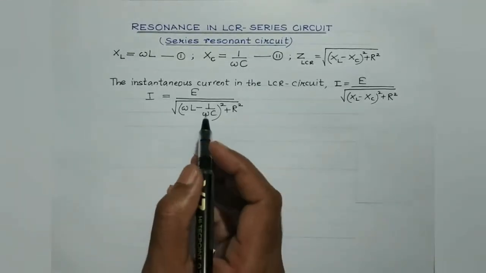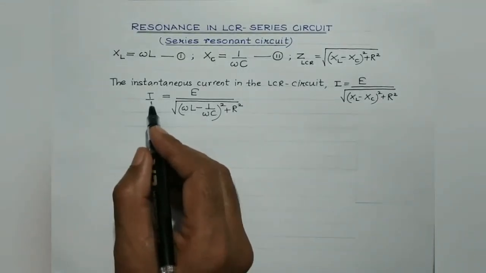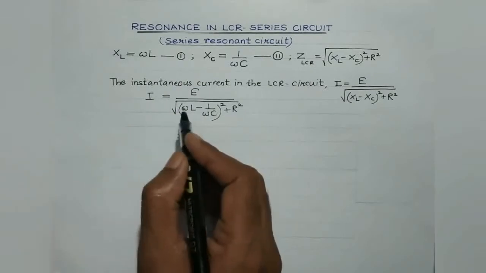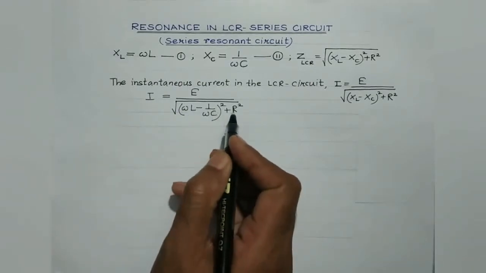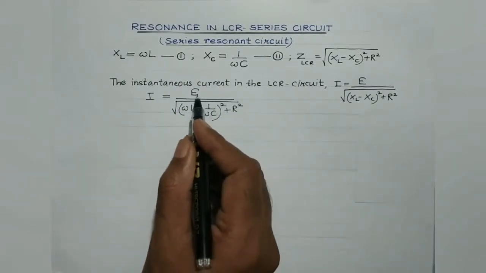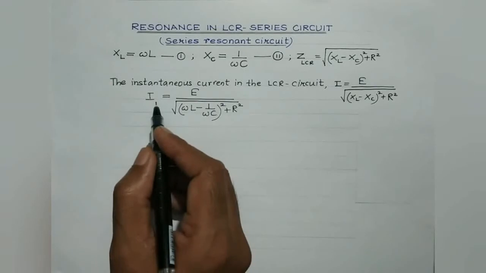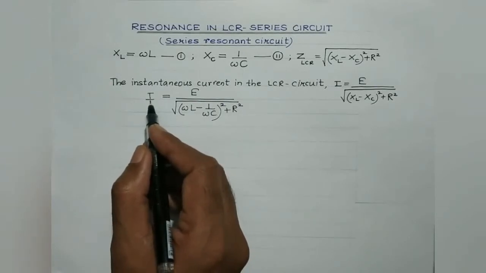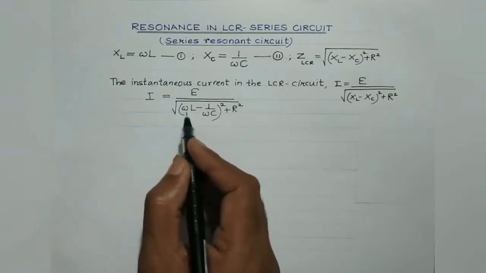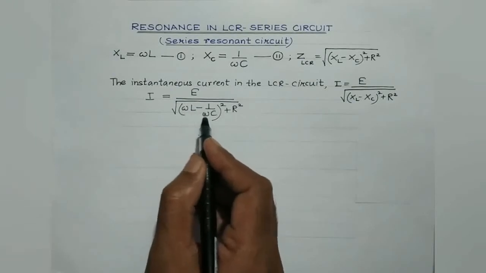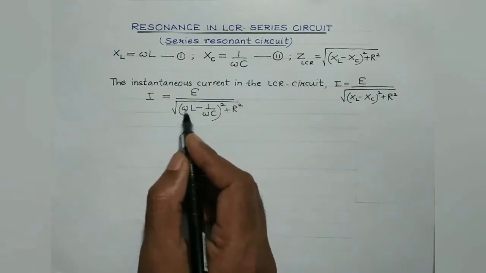So it's pretty evident that the current flowing through the LCR circuit depends upon L, C, R, isn't it? It depends upon the instantaneous alternating applied EMF. In addition to these factors, the RMS value of current in the LCR circuit does depend upon the angular frequency of the AC source as well.